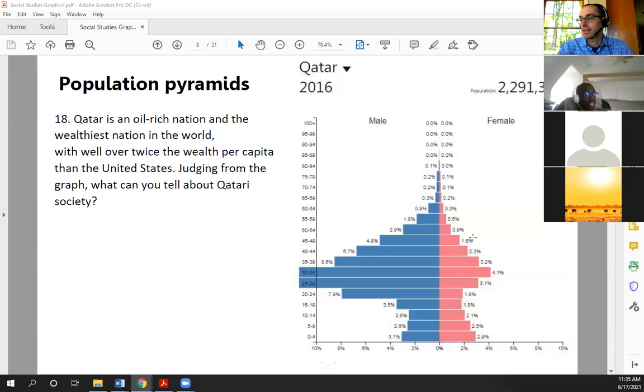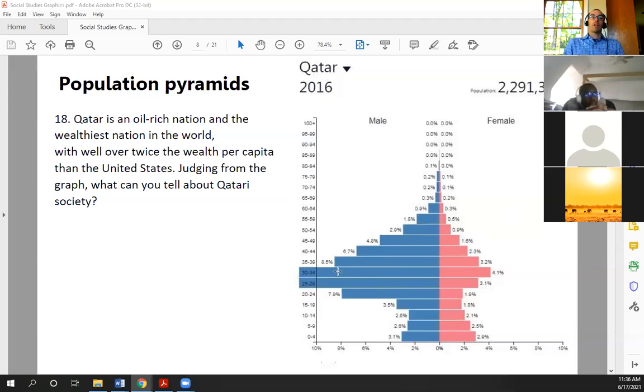Yeah, they have more men than women. Right. Like a lot. It's kind of crazy looking, right? It's more blue than pink. During the 25 to 34 range there's a ton of men, right? So something's going on. It's an oil-rich nation.